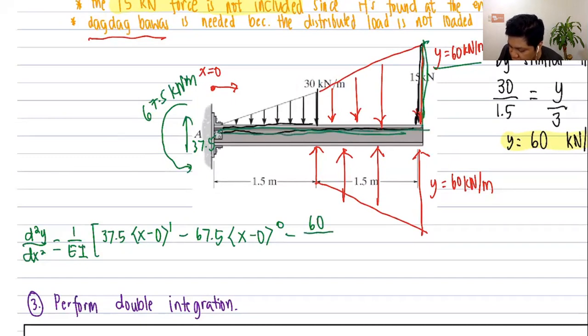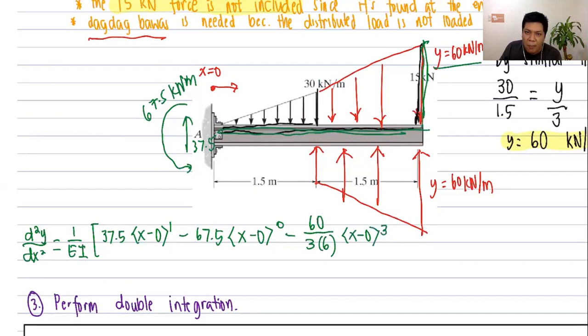So it's 60 all over 3. So that is the slope, m all over 6, times x minus 0 because it started at x equals 0, raised to 3 because that's a triangular load.